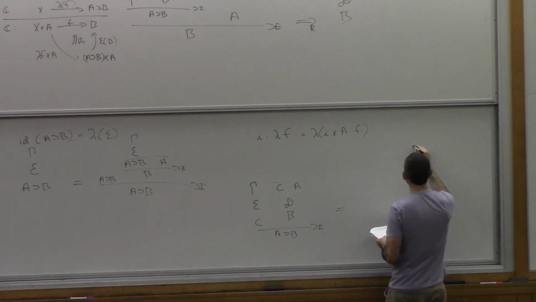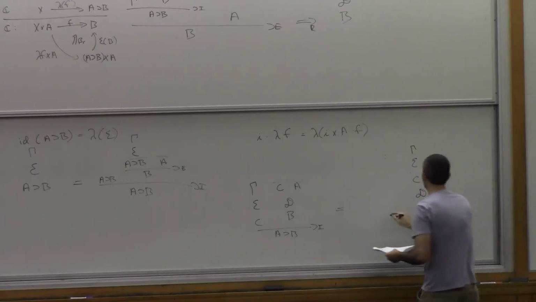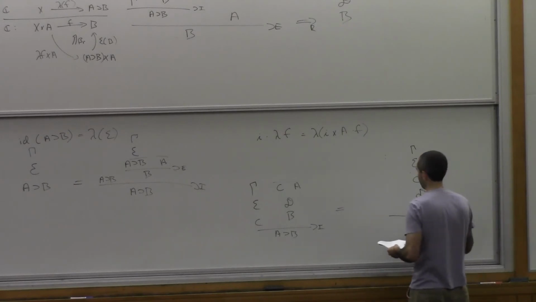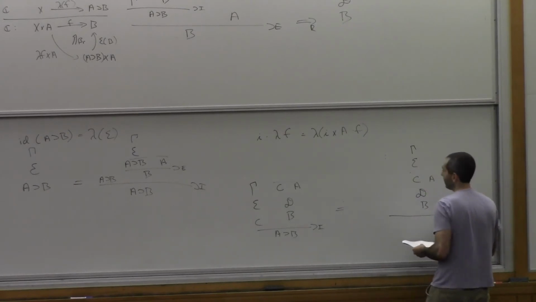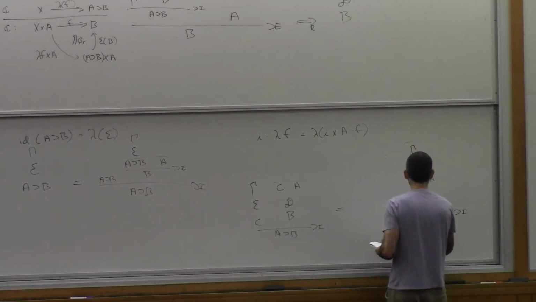So this is going from gamma to C, right? And then I curry the whole thing. So that's the arrow of the intro. And then I just take gamma here, I get to cancel this, and then I get A.